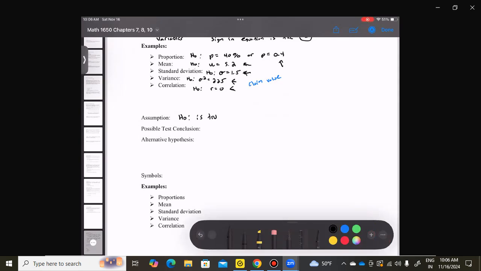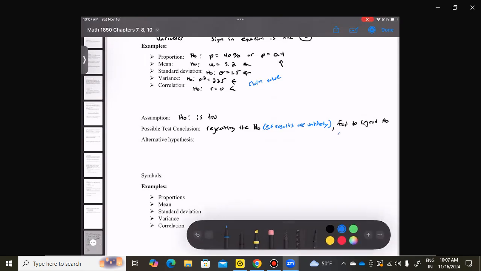And so what we do is, after we run the tests, we make a conclusion that we are either rejecting the null, and this happens if results are unlikely, or we fail to reject, and this happens if results are likely to happen by chance.